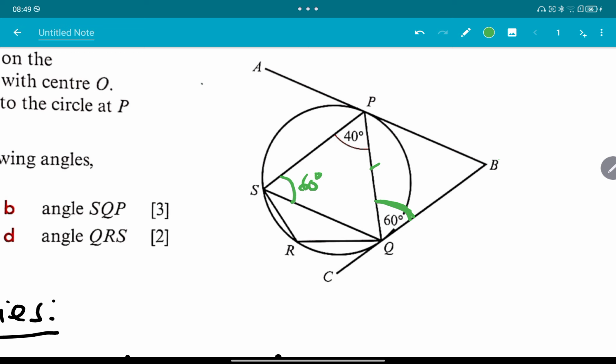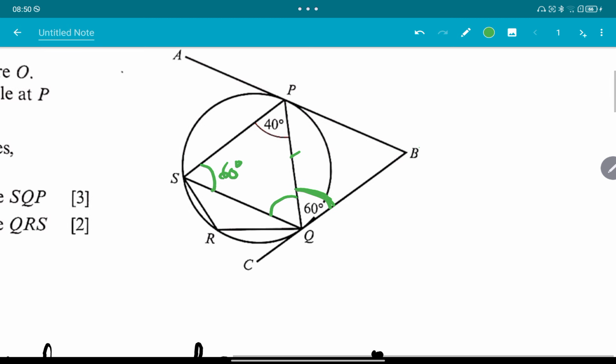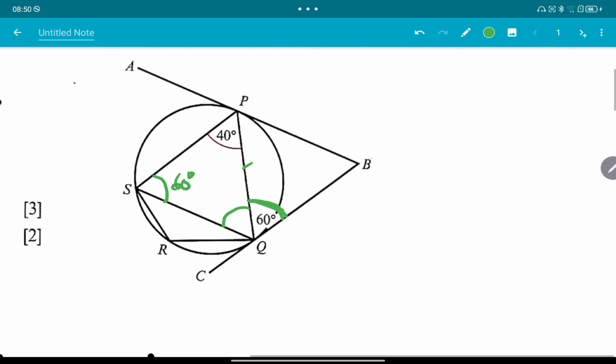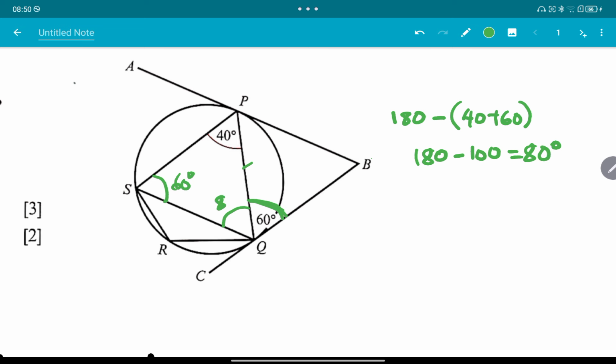That being 60, in the triangle PSQ, I can easily get angle PQS because angles in a triangle add up to 180. So I'll have 180 minus (40 plus 60), that is 180 minus 100, which gives me 80 degrees. So the angle here is 80 degrees.